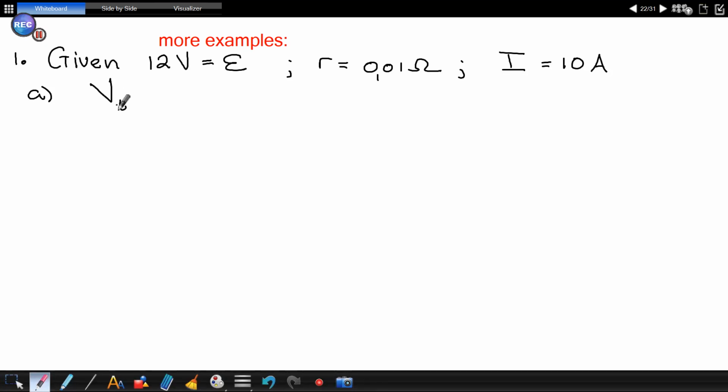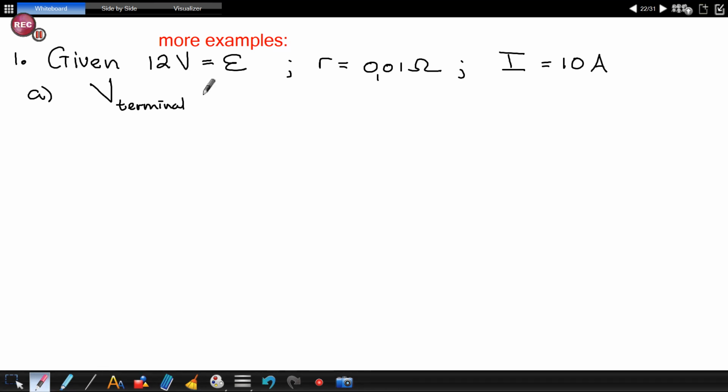So you could say V terminal, or you could say V external. Good. What equation can we use? What is there on your data sheet that you can use?